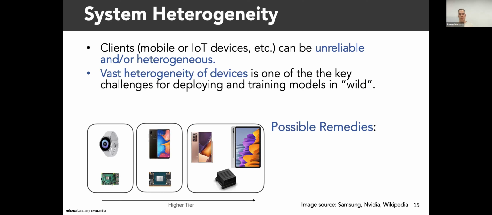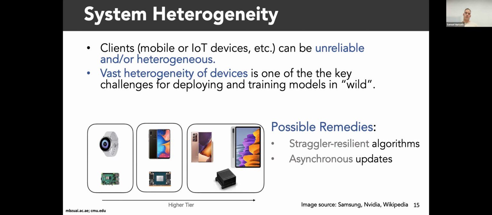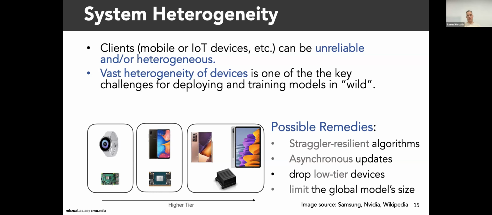There are several ways to remedy this challenge by designing, for instance, straggler-resilient algorithms, which you can achieve by enabling asynchronous updates. Also, naively, you can drop devices that have low capabilities or simply limit the global model size in order to accommodate all the clients' constraints. In the next part, we will also discuss more elaborate techniques for achieving heterogeneous training.